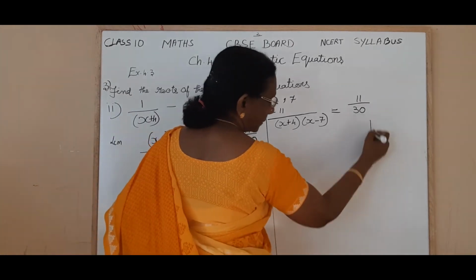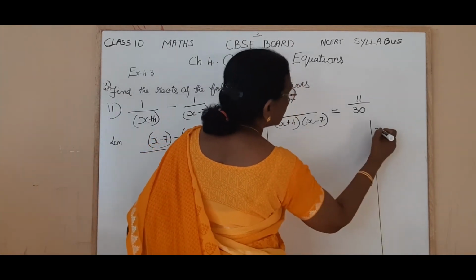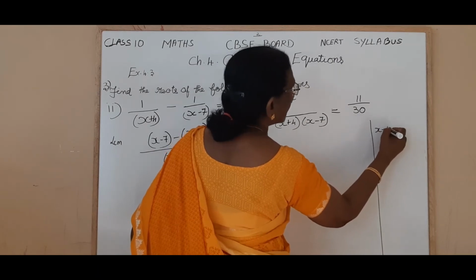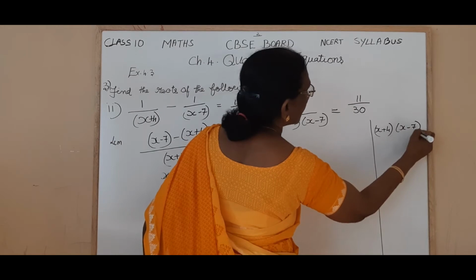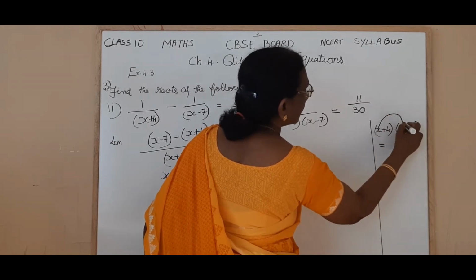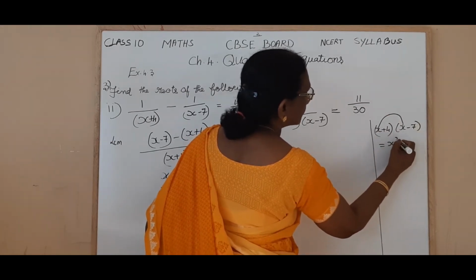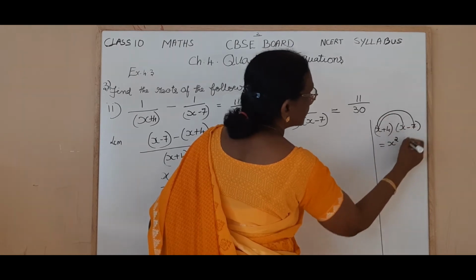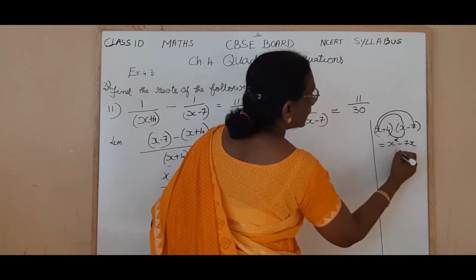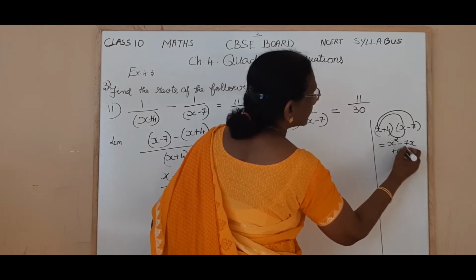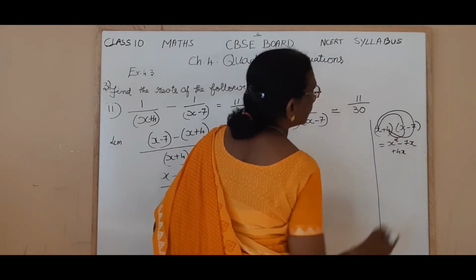Now you can multiply this. You just do the multiplication in the rough column so that you can avoid the steps. x plus 4 into x minus 7 is equal to, first multiply by x, x into x, x squared, then minus 7x. Then multiply by 4 plus 4x, then you multiply this term by 4.